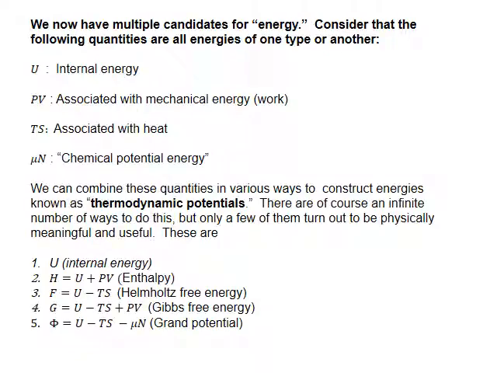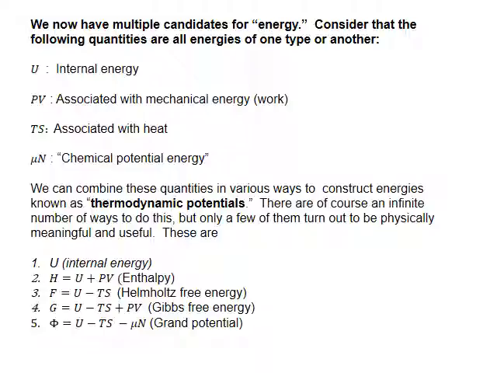Okay, so there are multiple candidates for energies of interest in thermodynamics. And to start, let's just consider the various quantities we've dealt with this semester that even have dimensions of energy. So the first is the internal energy itself. Right?